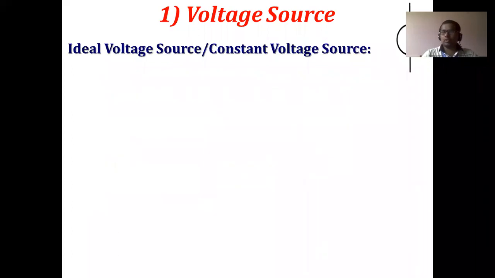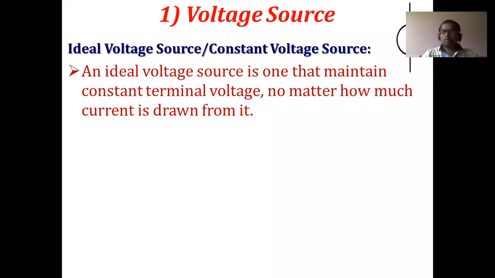The reason is that an ideal voltage source is one which will maintain a constant terminal voltage no matter how much current is drawn from it. Current flowing through that voltage source may be anything, but the voltage is always constant. That's why this ideal voltage source is also known as a constant voltage source. This is the basic reason.